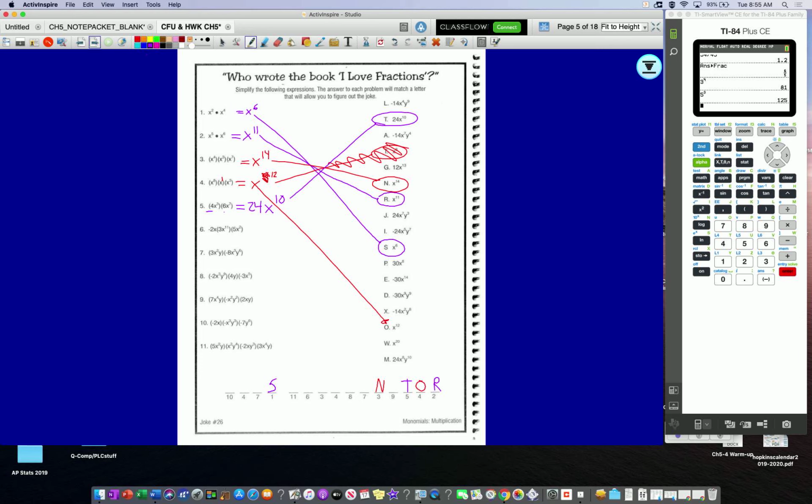All right, next one: -2 times 3 times 5. You could type that in your calculator, but I'm going to use my head: -30. Now the exponents: x to the 11th makes 12, plus 2 more makes 14. So -30x to the 14th. There it is, that's a 6.